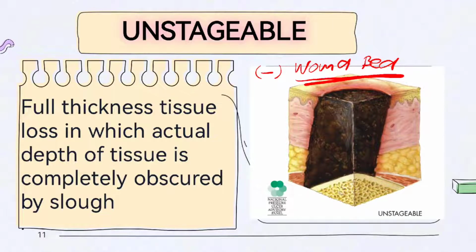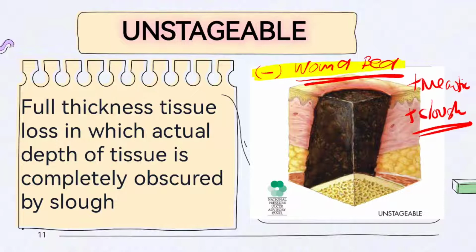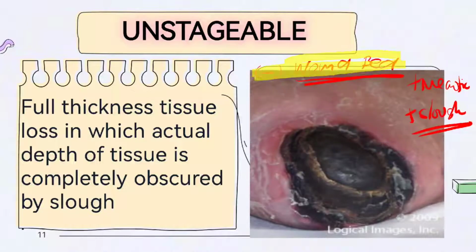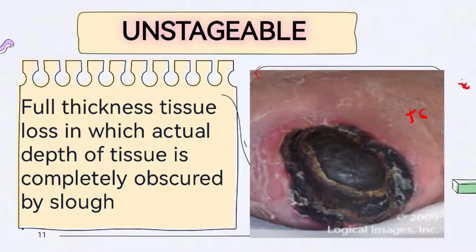Now, I just want to clarify: unstageable can be covered by necrotic tissue, or sometimes it is covered by slough. The idea here is, unless you see the wound bed, if you cannot see the wound bed, it means that is unstageable. Now, for example, this one. You see?